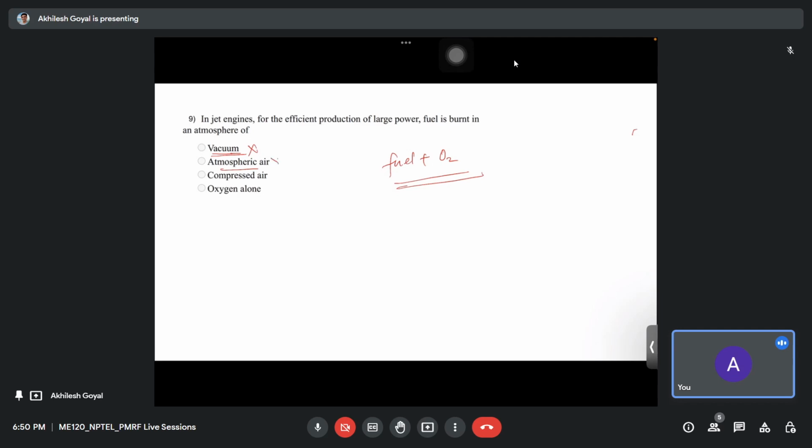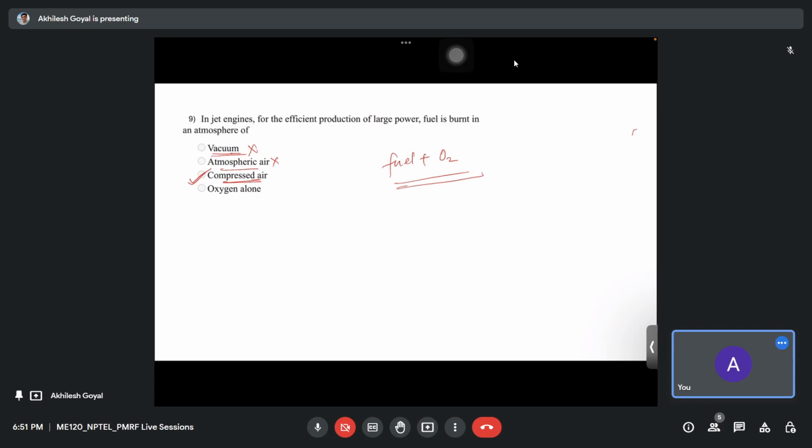So that option is also wrong. The third one is compressed air. Yes, compressed air is the right option, because in the presence of compressed air we can inject more fuel, and as the compressed air contains more oxygen, it ensures the complete burning of the fuel and efficient production of large power. So the third option is correct.